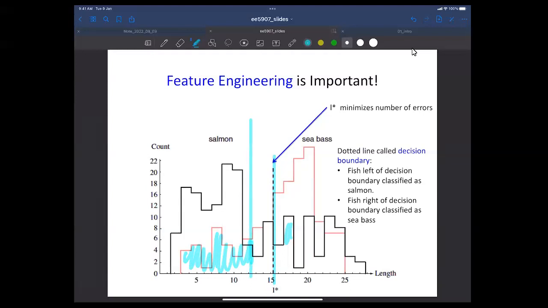Why? Because salmon is more expensive, for example, than sea bass. People will be more upset when they want to pay for salmon but receive sea bass than the other way around. So for that reason, you want to reduce the disappointment of the customer. If you want to reduce the disappointment of the customer, then you have to adjust this separation line. Because people will not be upset when they buy sea bass but receive salmon.